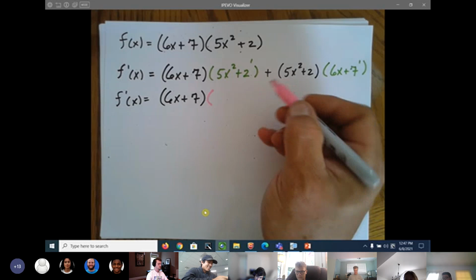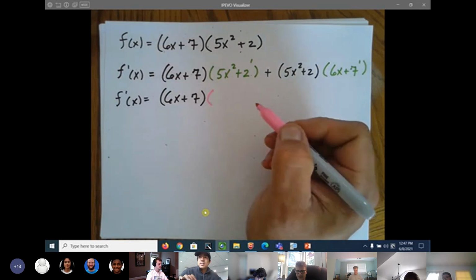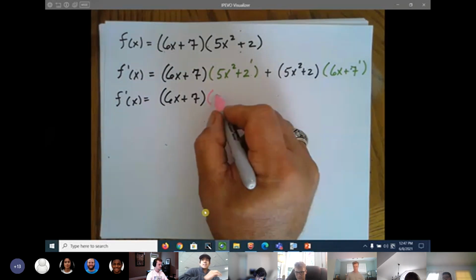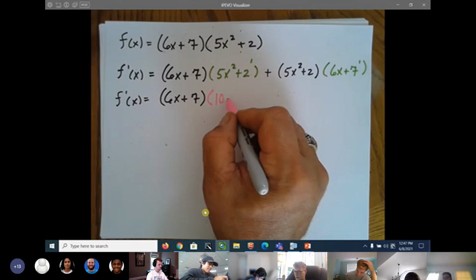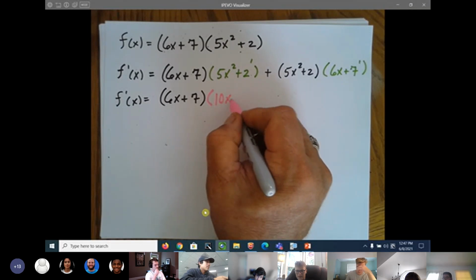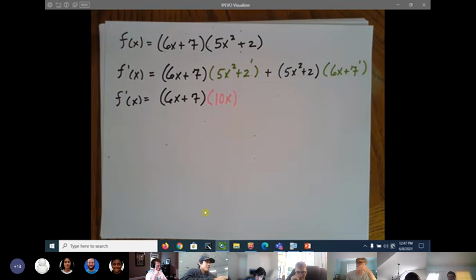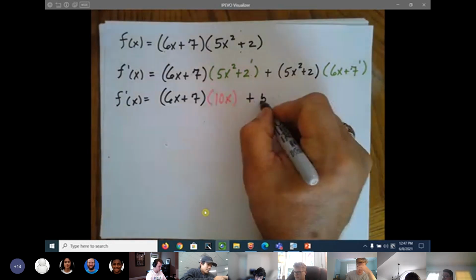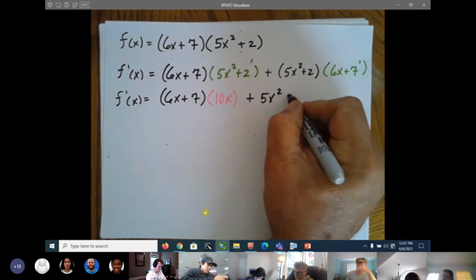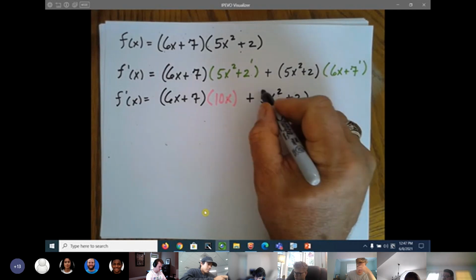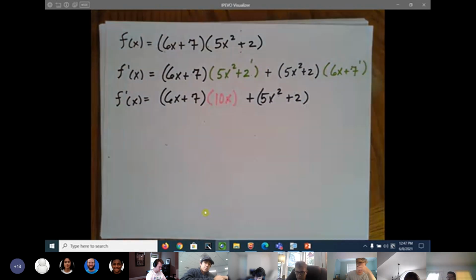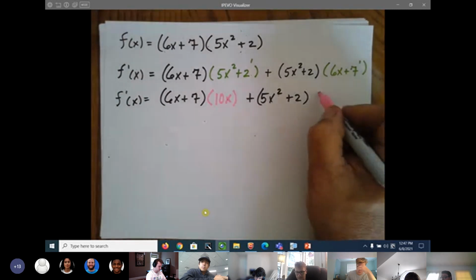What is it? 10x. 10 what? 10x. Plus 5x squared plus 2. And what is the derivative of 6x plus 7? 6.